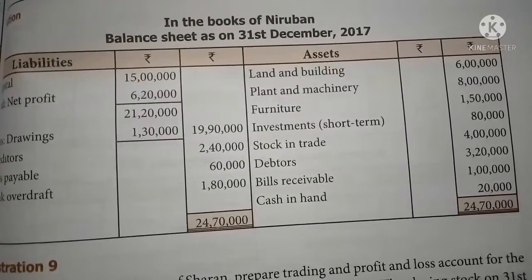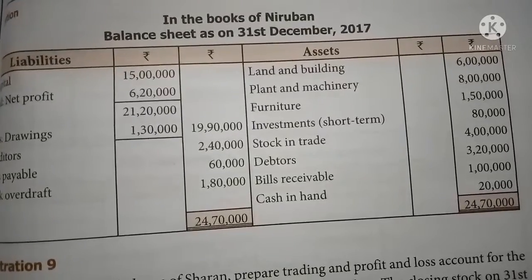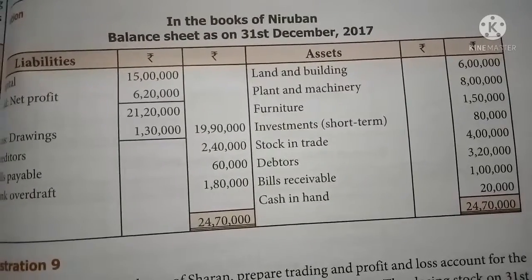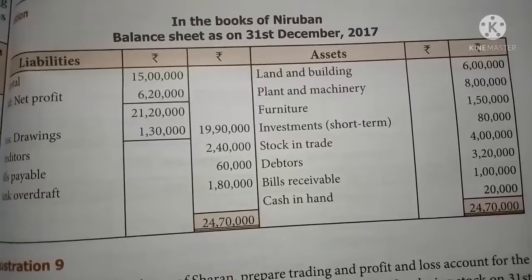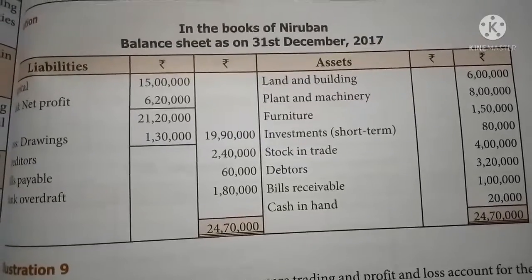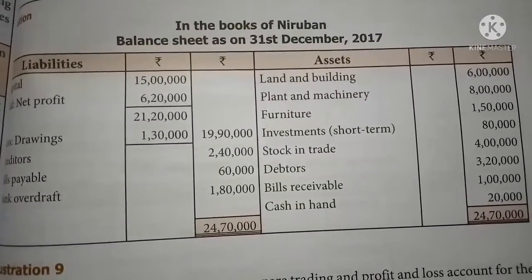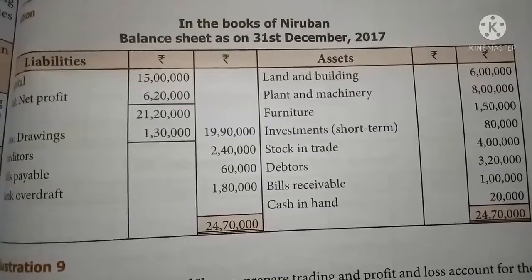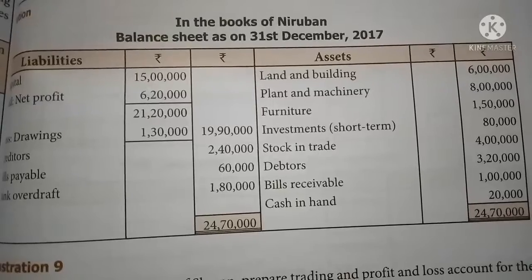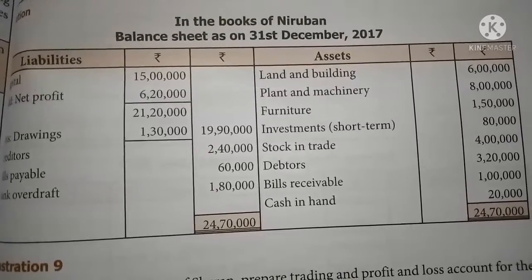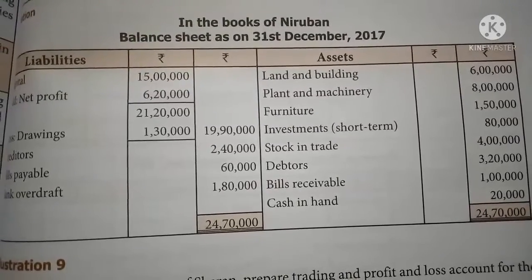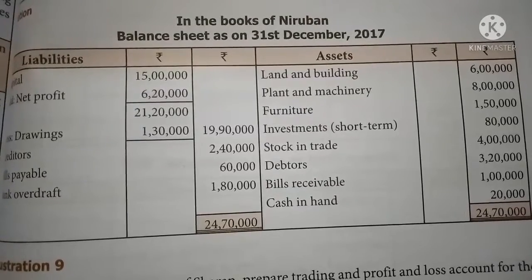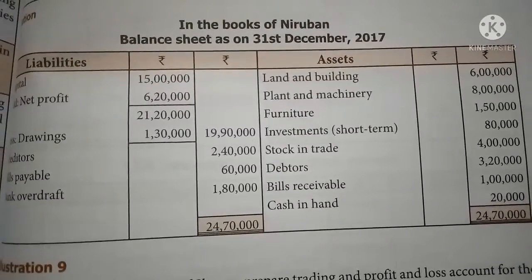Capital 15 lakhs. To that capital, add net profit, that is 6 lakh 20, which is also given in the sum. Adding these two amounts, the total is 21 lakh 20,000. From that, less drawings 1 lakh 30. After subtracting the drawings, the balance amount will be 19 lakh 90,000.